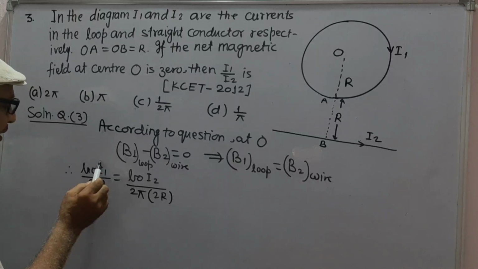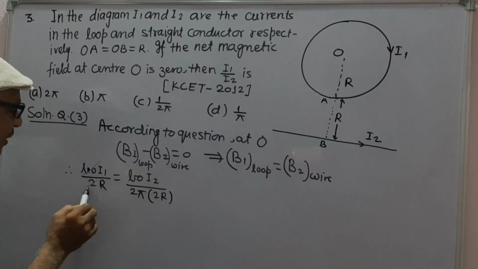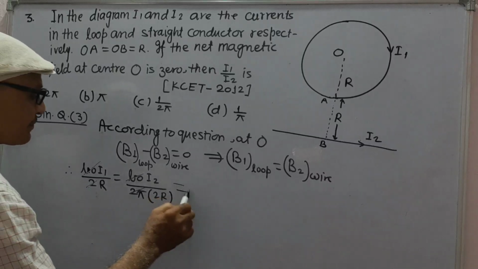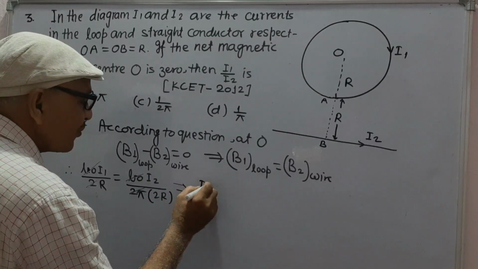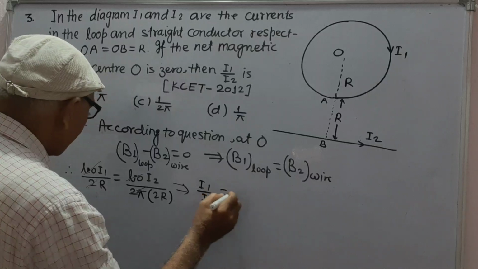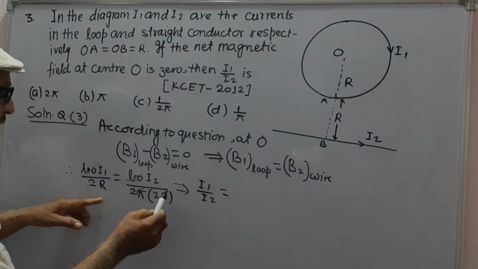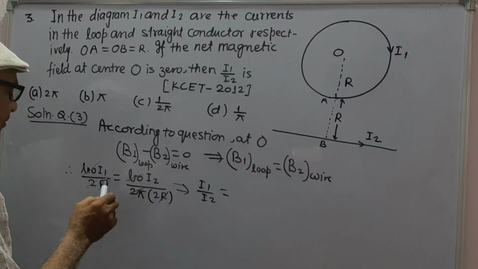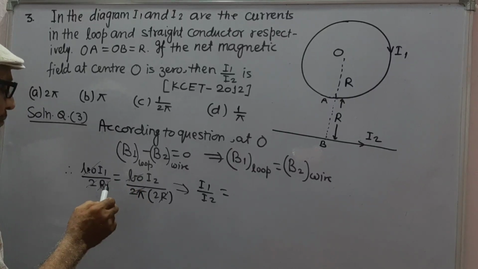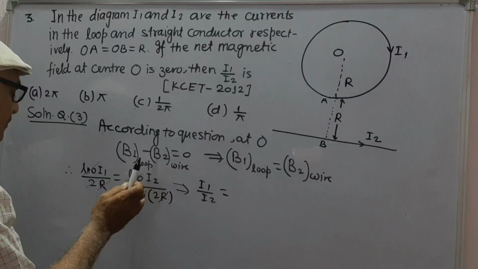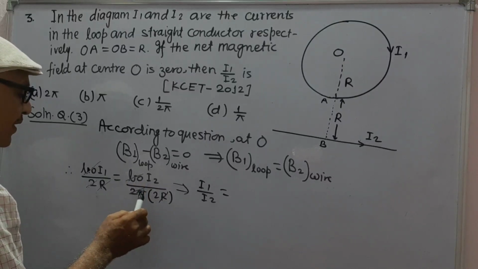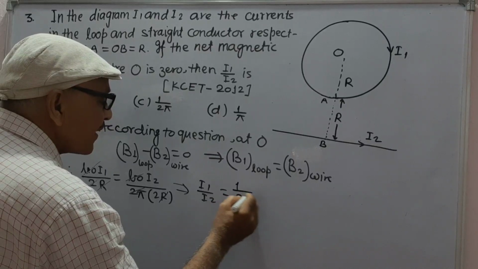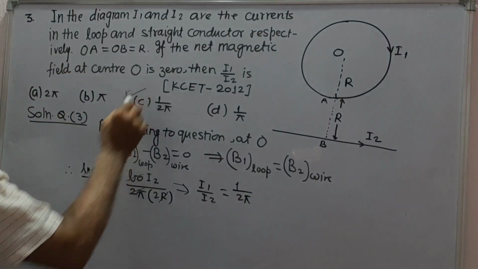So mu naught upon 2 cancels out, and R also cancels out, and we get I1 upon I2 is equal to 1 upon 2 pi. So the correct option will be C.